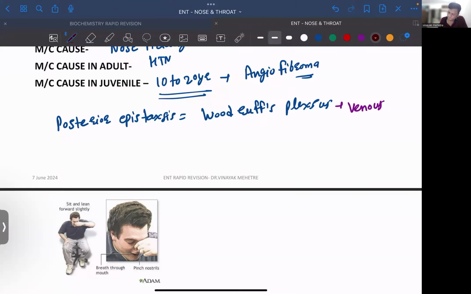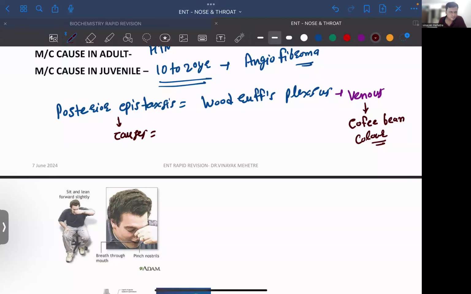Causes of posterior epistaxis, anyone? These are the hints in your exam to catch anterior epistaxis, that is normal nasal epistaxis, and posterior epistaxis. History of painkillers.